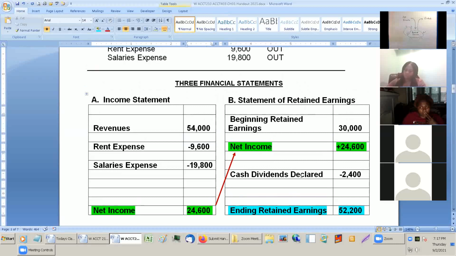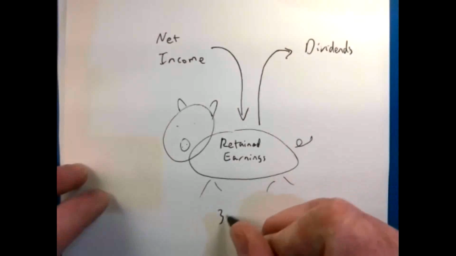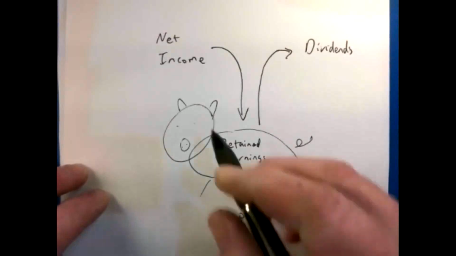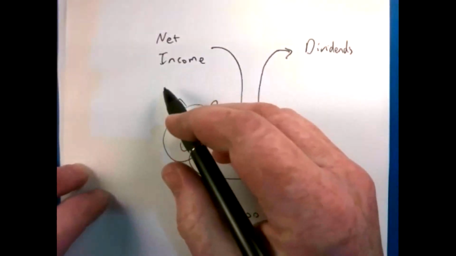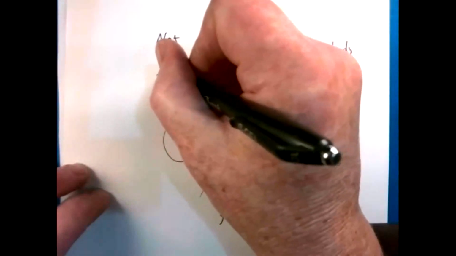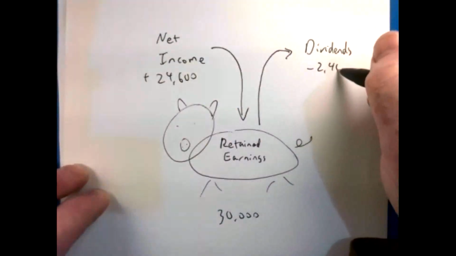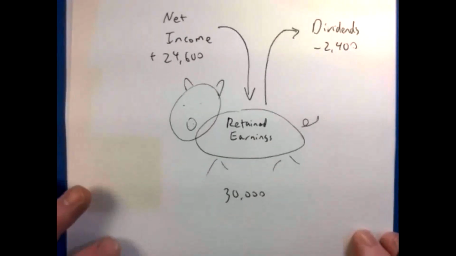So going back to this thing, it's sort of like this. We had 30,000 in the piggy bank. The owners put in, was it 24,600, I think? Got added in, and then they took out, so how much is in our piggy bank?